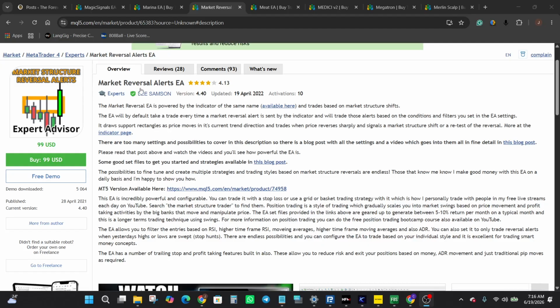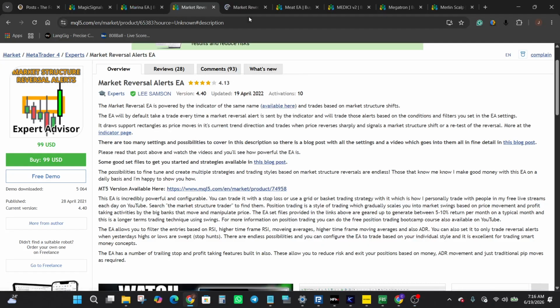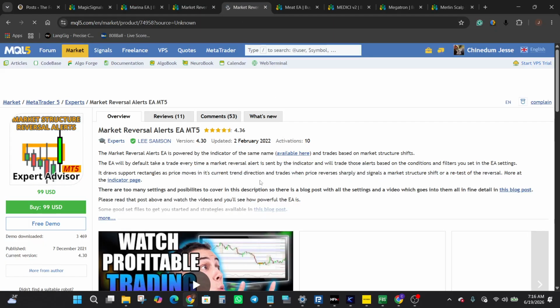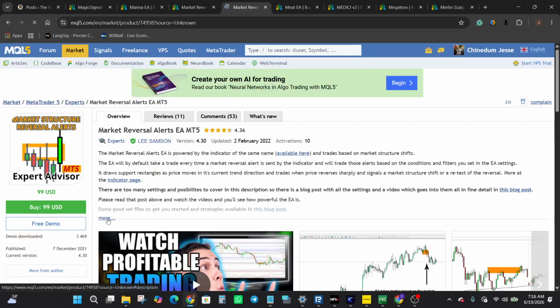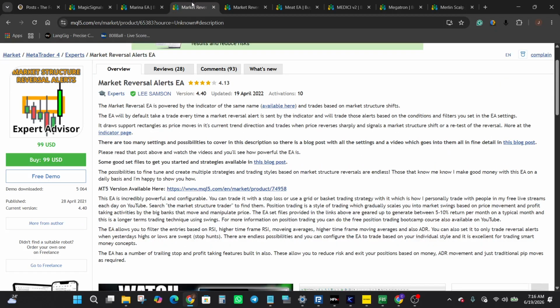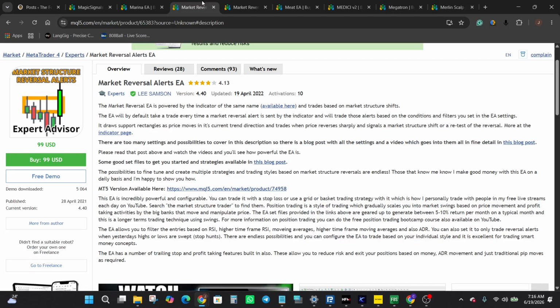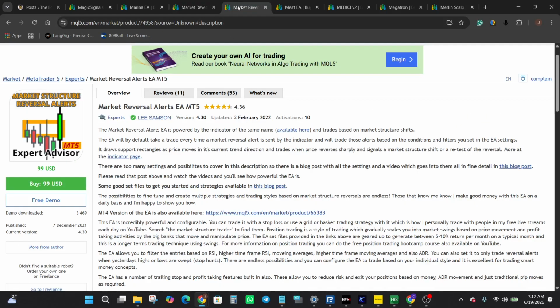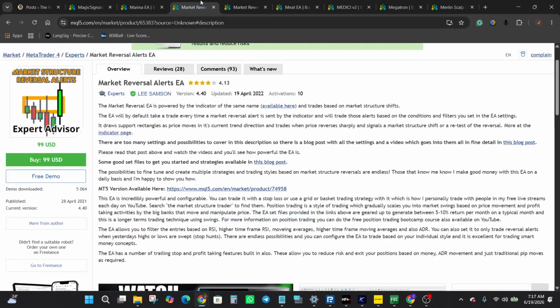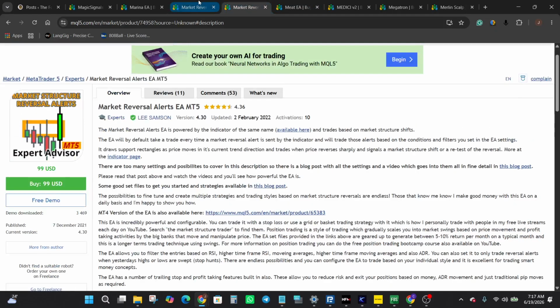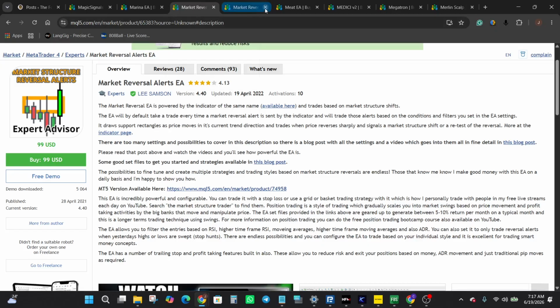This is the MT4 version that we are looking at right now, and here we have the MT5 version. As you can see, the MT5 version is currently at version 4.3, same 99 US dollars, same 10 activations. All right, so let's just focus on the MT4 and continue from there.